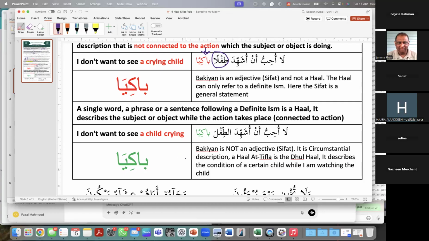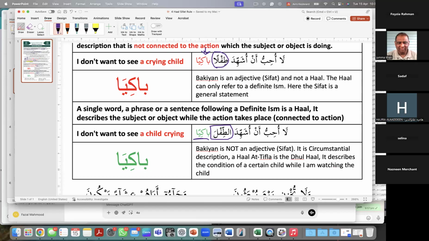La uhibbu an ushahidat tifla. Can you see? Ushahidat tifla, al-tifla. Ma'rifa or nakira? Ma'rifa. And these will be what? Hal. Al. Allahu Akbar. No, it will be a sifa for this one.